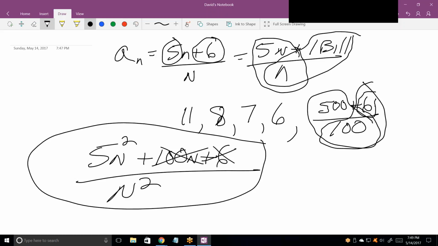The only thing that matters is the highest degree in the numerator is 2, the highest degree in the denominator is 2, the ratio of those coefficients is 5. That would have a horizontal asymptote at 5, and it would approach it as n went to infinity.